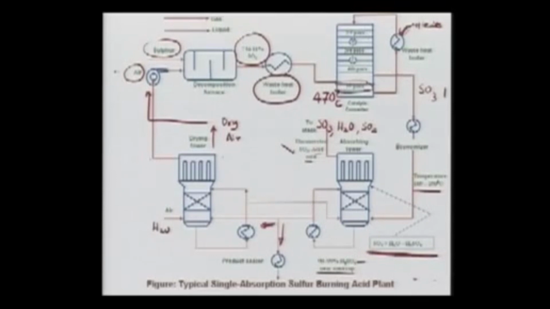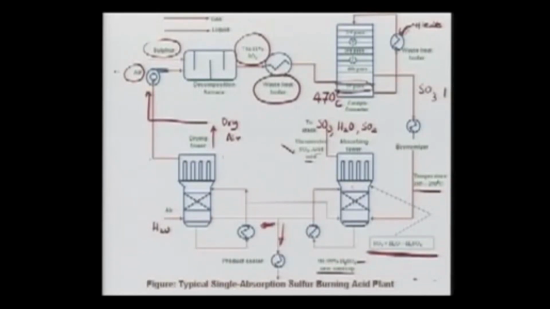We do the conversion in various steps to SO3. SO3 comes out, and sulfuric acid of a particular strength is recycled, becoming more and more concentrated. Part of it goes out as a product, and part of it goes to the drying tower used for drying the air, because this air may have moisture. If we had not removed the moisture, it would also be present here.